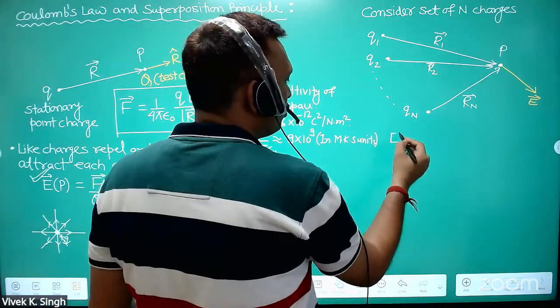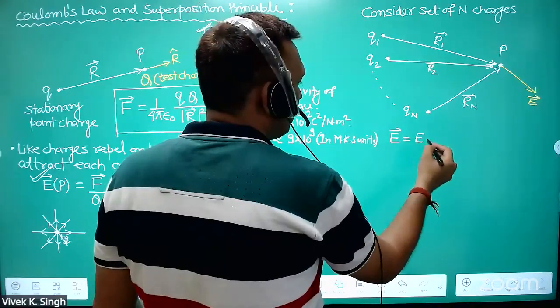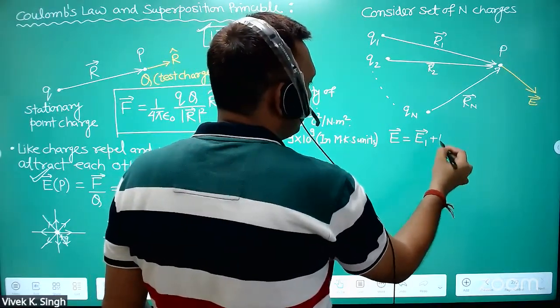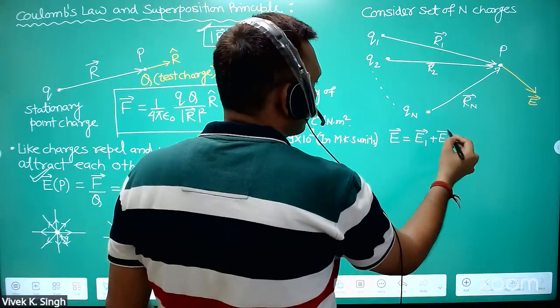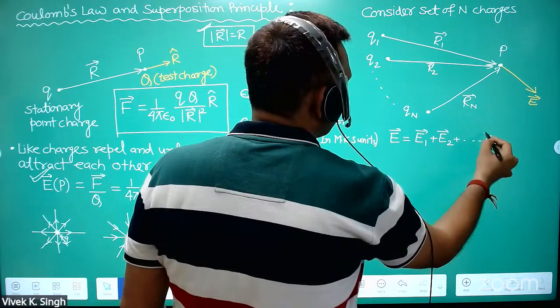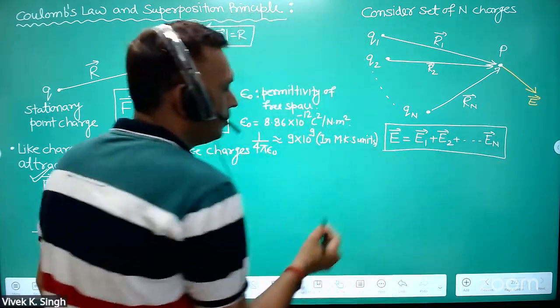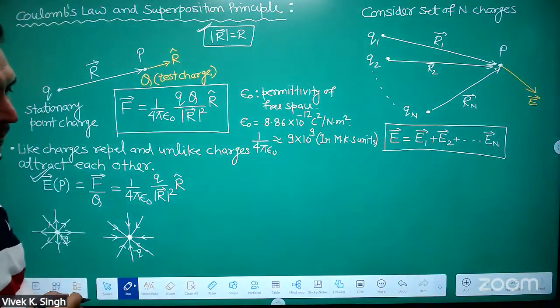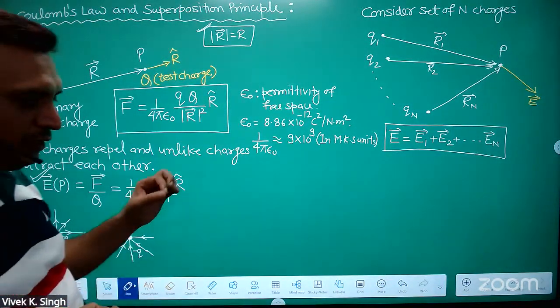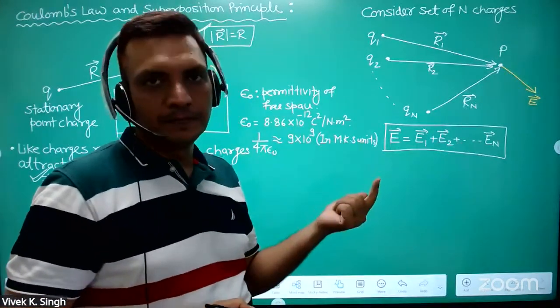According to the superposition principle, the resultant field will be the vector sum of the individual fields. Is it clear? So find the field due to individual charges and then take the vector sum.